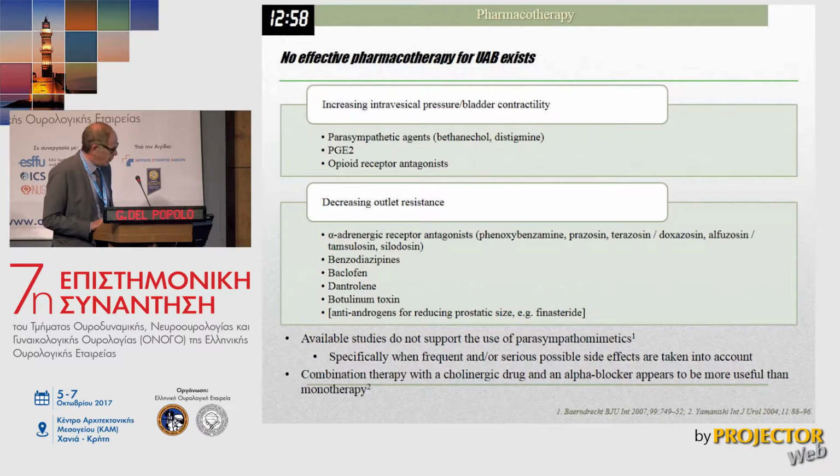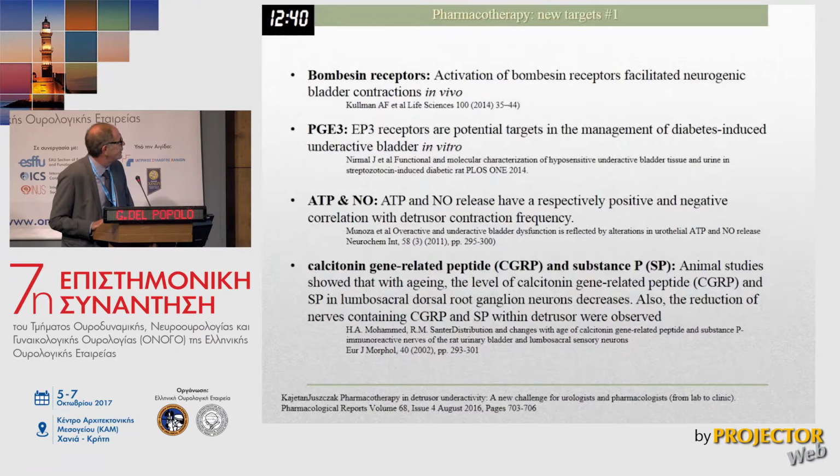But we use also some drugs such as alpha blockers and baclofen to decrease outlet resistance, but we have at the moment no evidence to use them in our clinical practice.